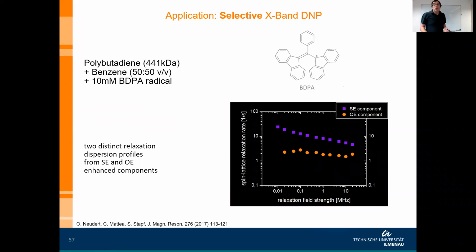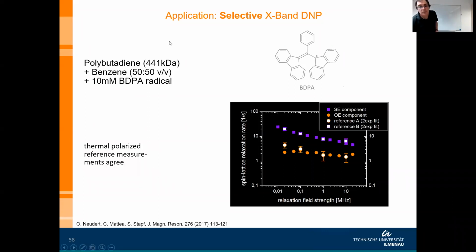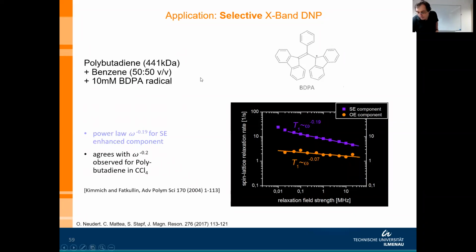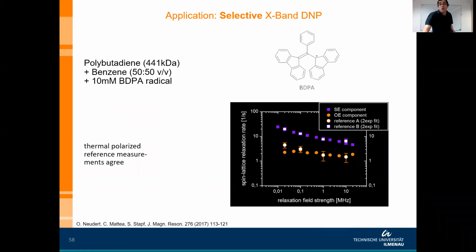And then with the field cycling, we can get the relaxation, the relaxivity here of the two species due to this DNP selectivity. And then we can describe this by modeling them. But here we compare with measuring pure samples, and then we have a good agreement with the pure samples, basically.